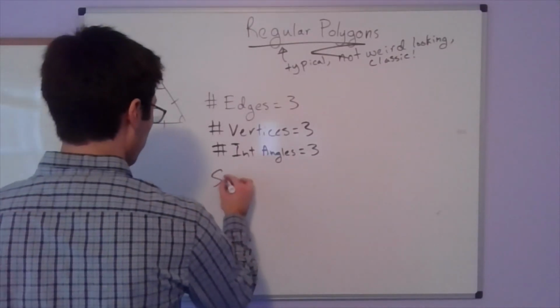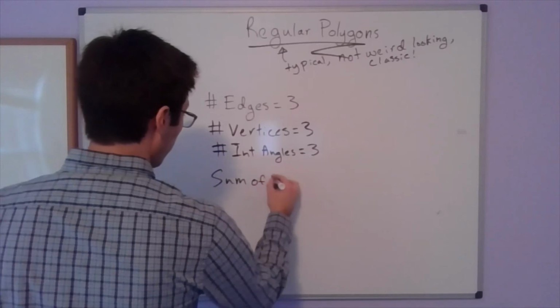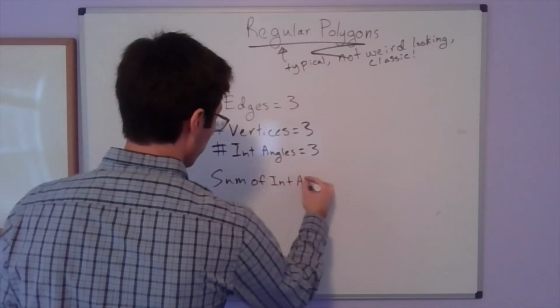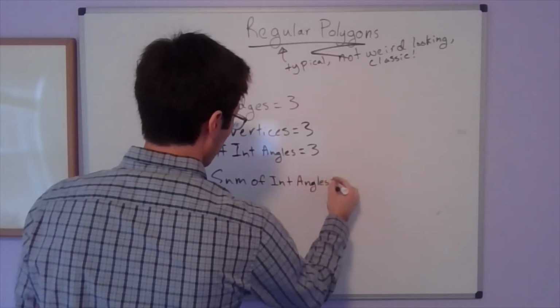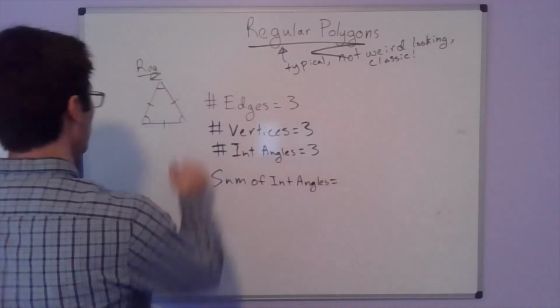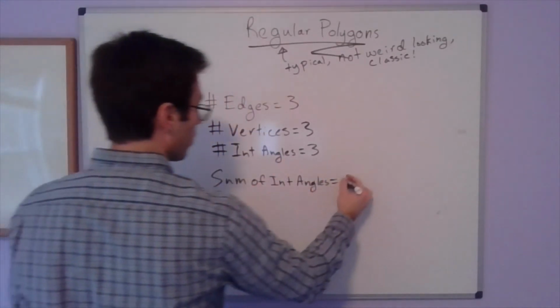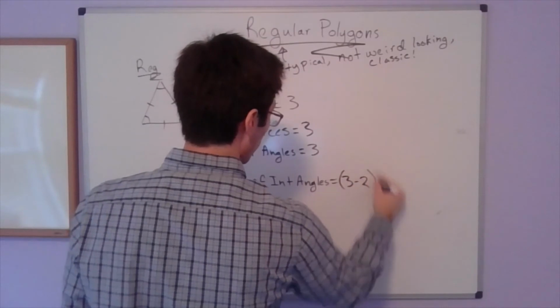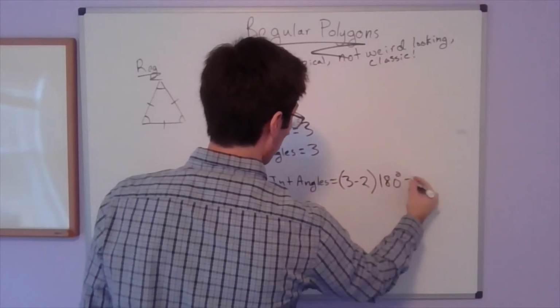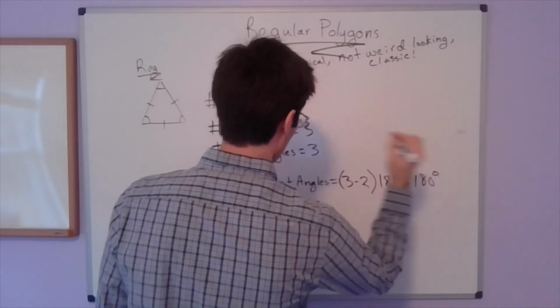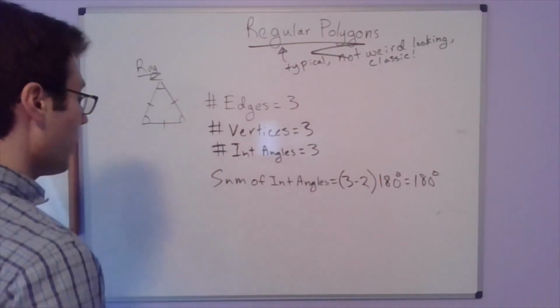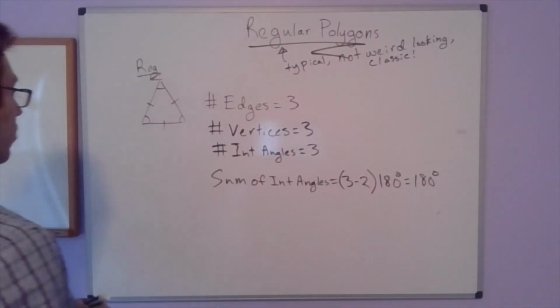The sum of interior angles is equal to (n minus 2) times 180. So we go (3 minus 2) times 180, which is clearly equal to 180 degrees. So that's how we figure out the sum of interior angles of a triangle.